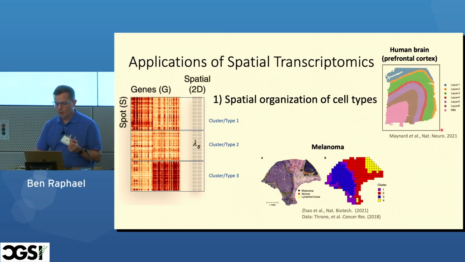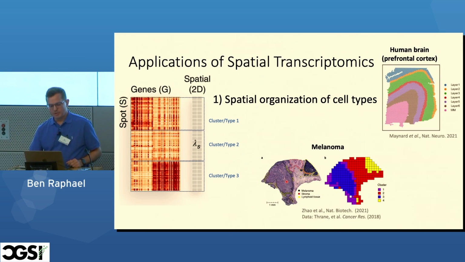Here's just one example of a spatial transcriptomic measurement of the human dorsolateral prefrontal cortex. This is work where they did a manual annotation of these spots into the distinct layers of the cortex. So white matter here in pink, and then multiple layers going through.